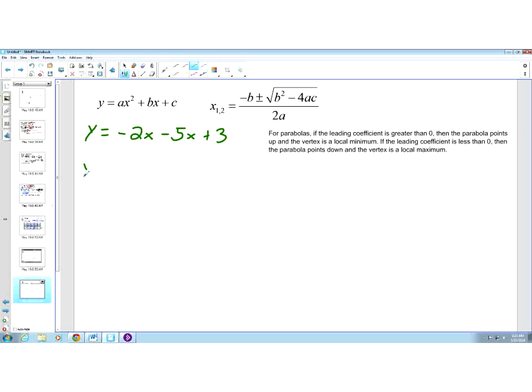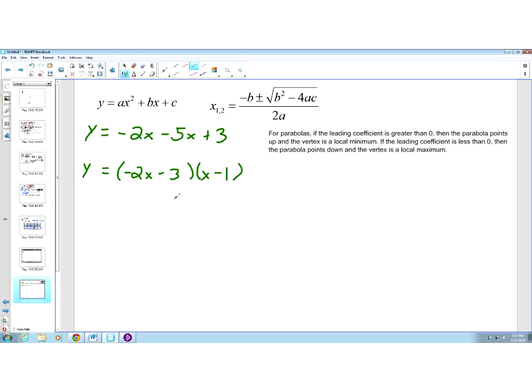So if we were to factor this, y is equal to what? -2x times x, so this would be what? -1 here. Is that right? -2x minus 3x. Yeah. 3 minus 2x. Okay, so there's the factorization.